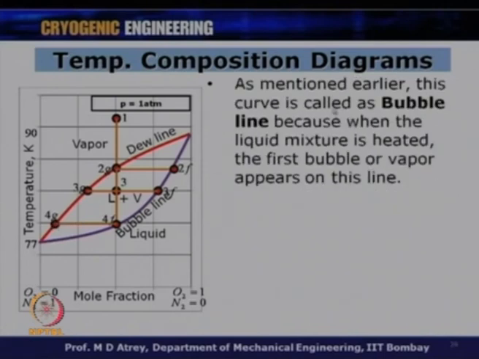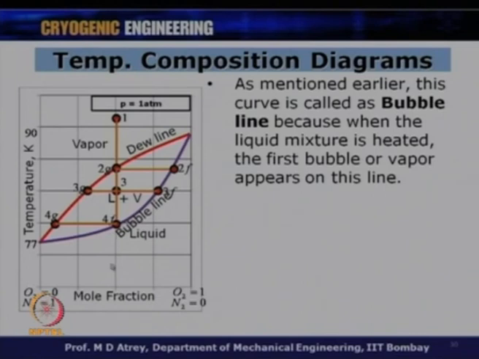As mentioned earlier, this curve is called the bubble line, because when the liquid mixture is heated, the first bubble of vapor will appear. Here we have come from the dew line, and we understood that when this gas mixture is cooled, the first dew or condensate would appear at this point, and therefore it is called the dew line. Similarly, if I am at this point and I slowly increase the temperature of this liquid, this is going to be the first point where the bubble or vapor will appear, and therefore this line is called the bubble line.